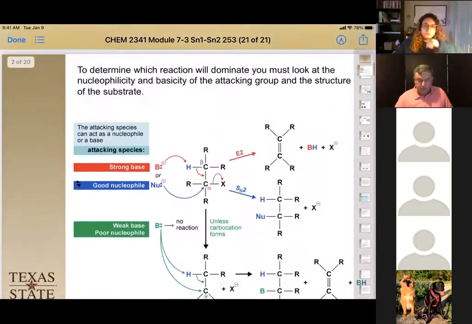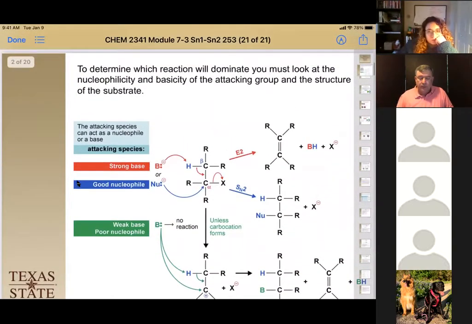Okay, so one thing we want to look for is the nucleophilicity and the basicity. If we have a very strong base, we can start to say, oh, elimination is going to be one of our products. So in the case of our good leaving group, we'll have a competition between our elimination product and our substitution product.